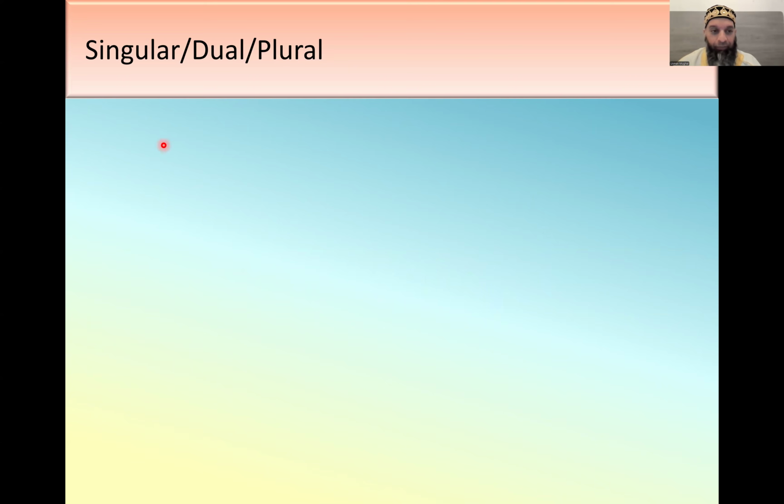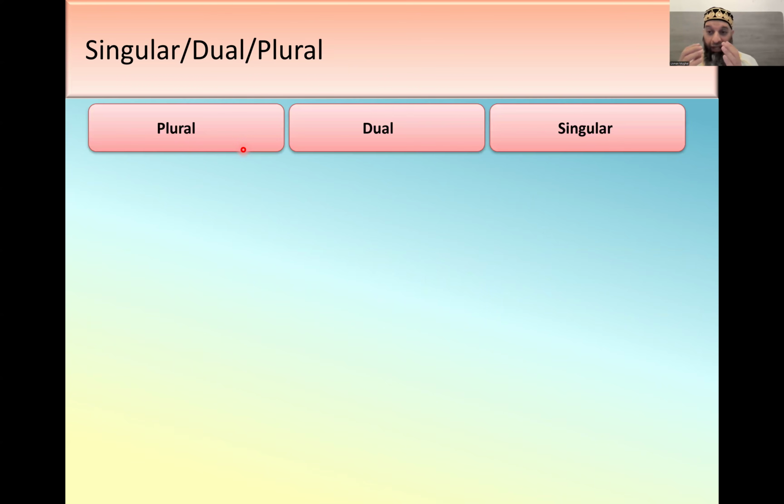So in Arabic, we have a word for the singular, and then we have a word for dual. So we have a word for two of those things.